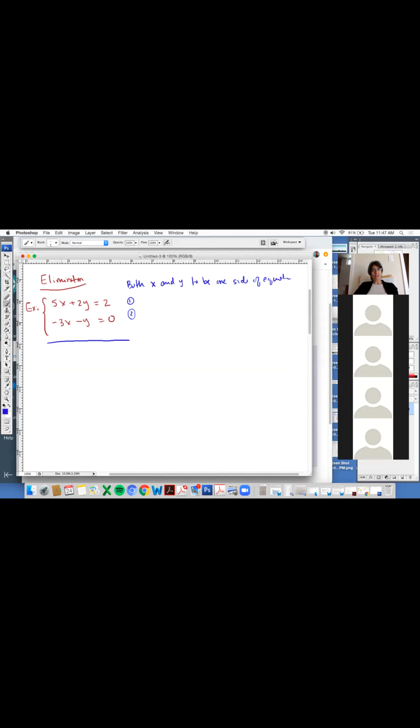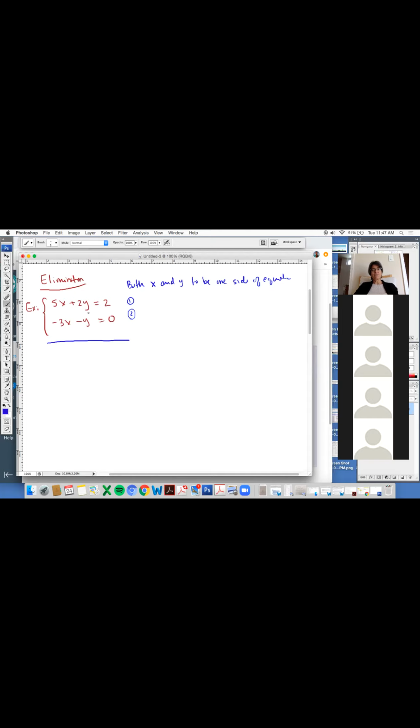I'm going to add my x's, add my y's, and add my numbers. But you don't want to add them right at the beginning. You want to be able to add the equations and cancel one of the variables. As they are, they're not going to cancel, because 5x minus 3x gives me 2x, and 2y minus y gives me y. If I add them, I'm not progressing because I still have two variables.